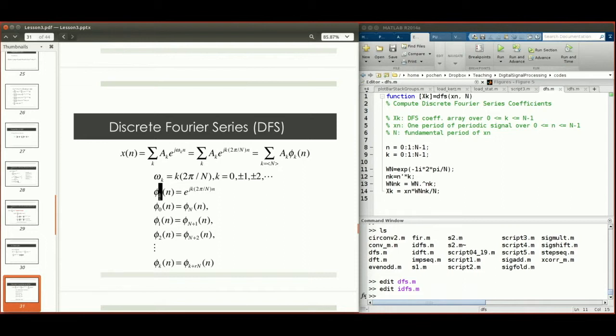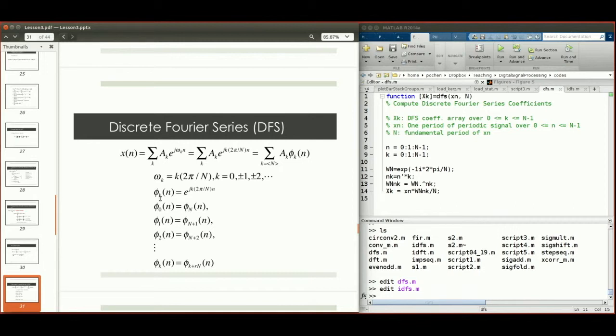So if k equals 0, for example, phi 0 n equals e to the j times 0 times everything, so it's basically 1. E to the 0th power is 1. That's phi 0 n. And phi 0 n happens to be equal to phi big N n.